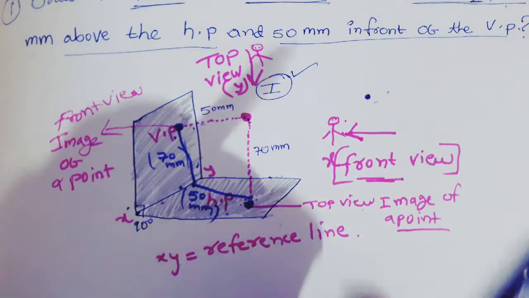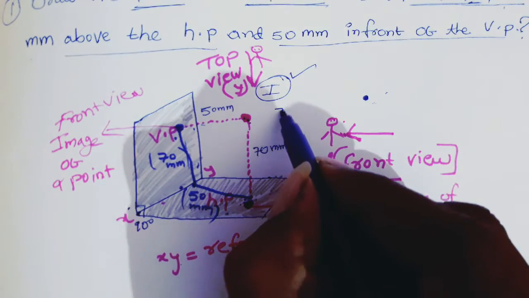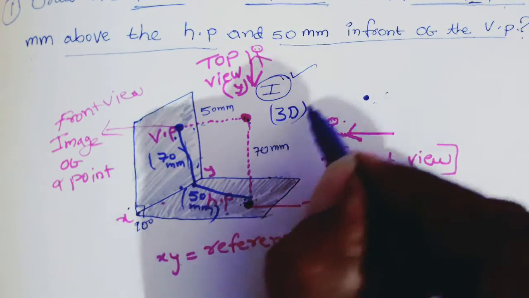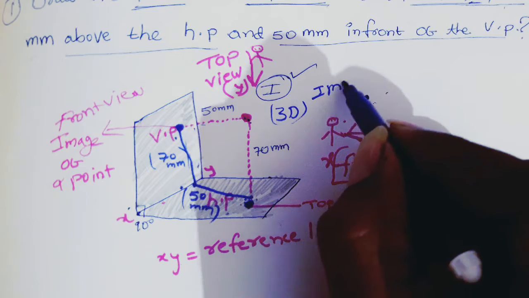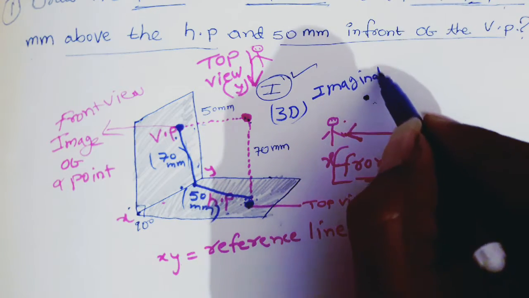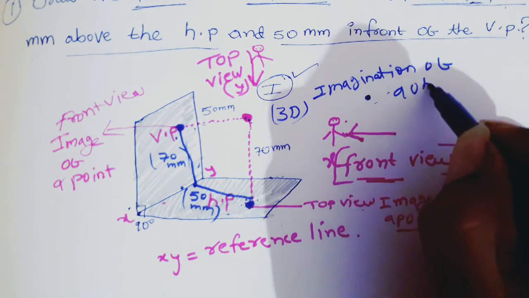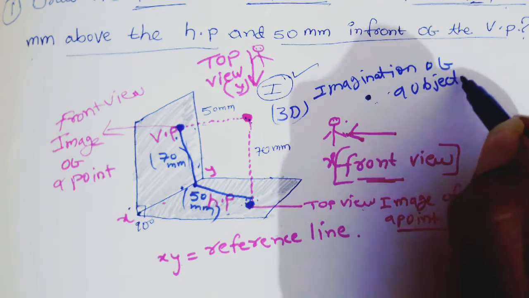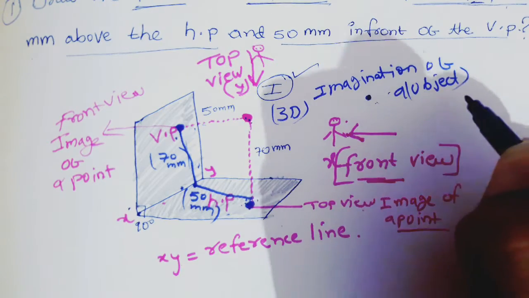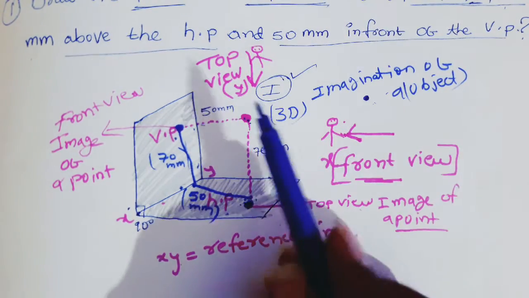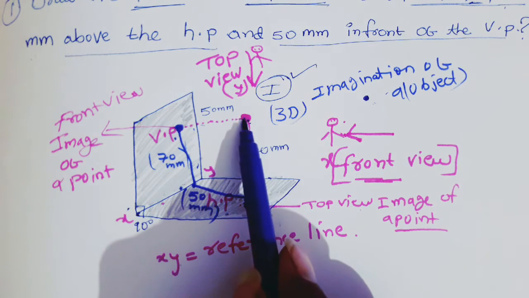So this is the 3D imagination of an object. The object may be anything, it may be a point.